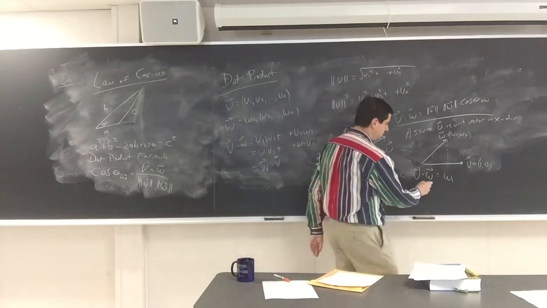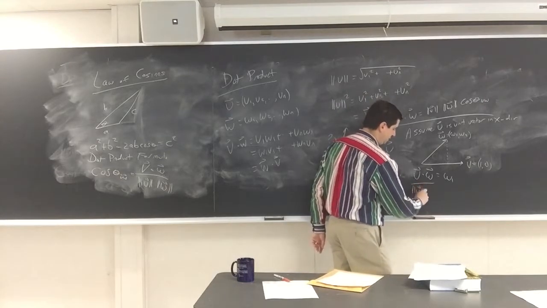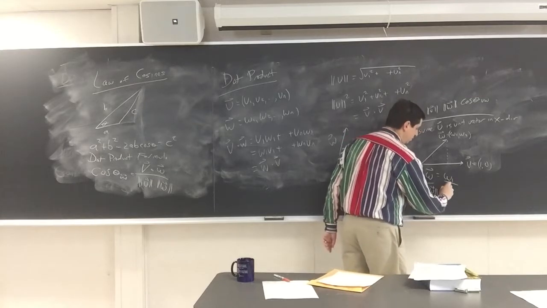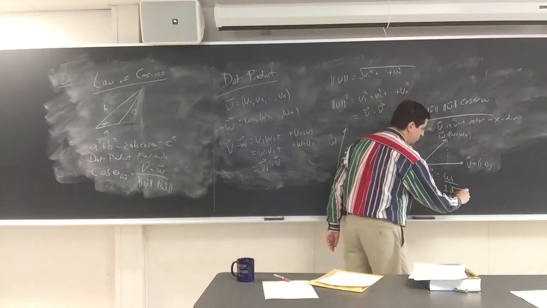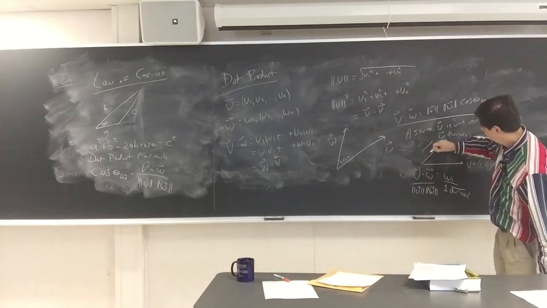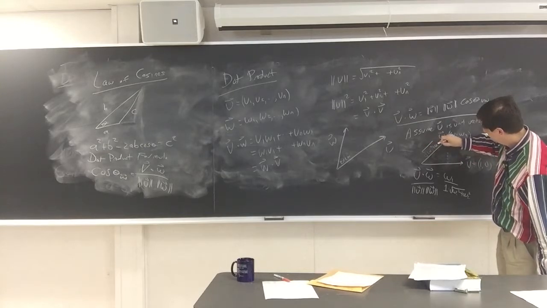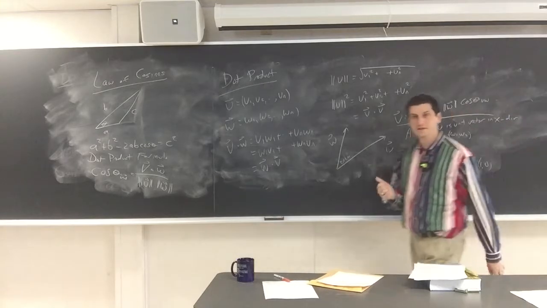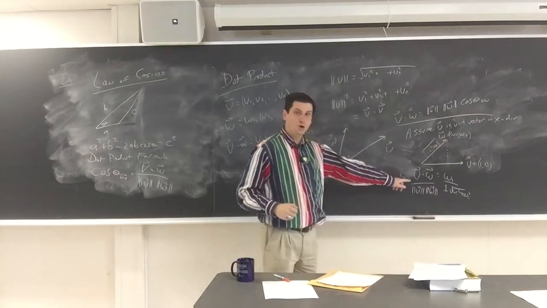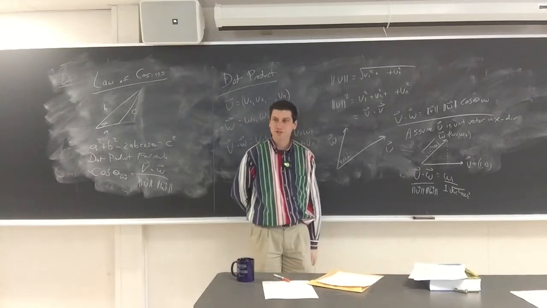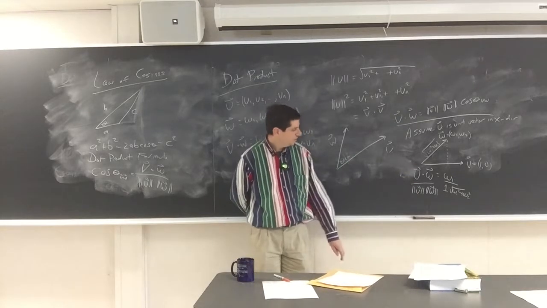Now, if we look at v dot w over the length of v, the length of w, this would be w1 over the length of v is 1, and the length of w is the square root of w1 squared plus w2 squared. So now we've got w1 over the length of w, which is square root of w1 squared plus w2 squared.